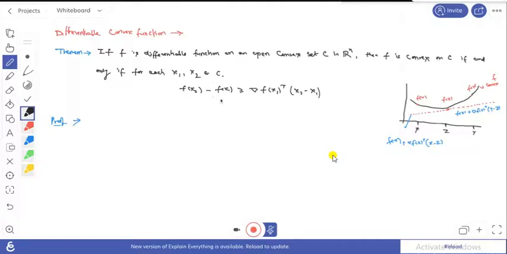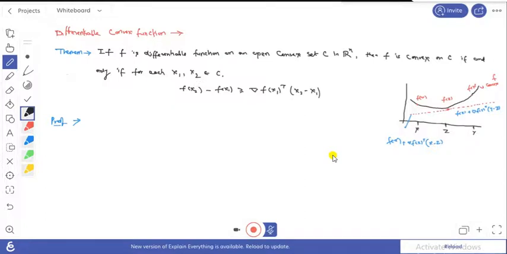If we are able to prove that this f(x2) minus f(x1) is greater than this value, this means this condition is satisfied. And the converse part: if this condition is satisfied, where C is a convex set and x1, x2 belong to that convex set, then you have to prove that the function is a convex function.